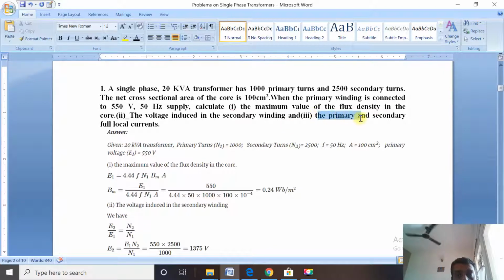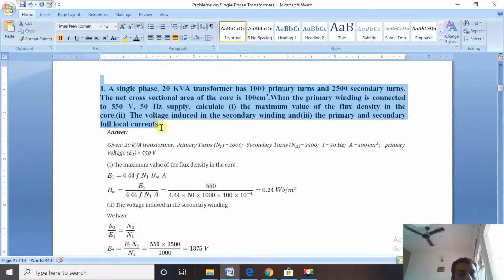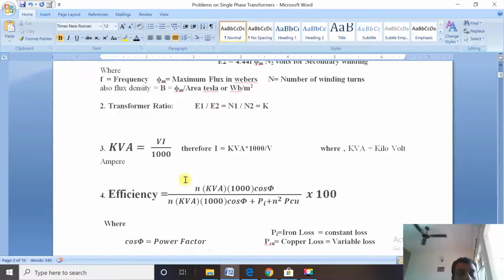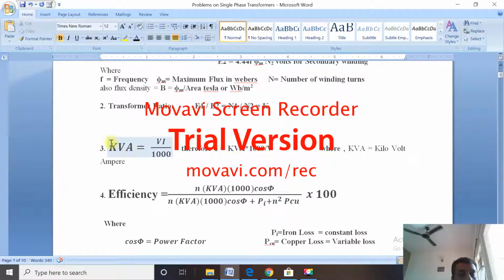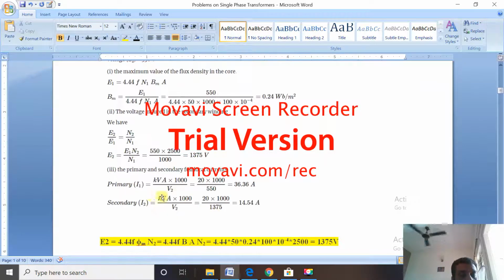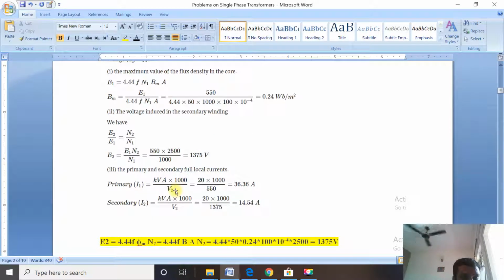What's the third one? The primary and secondary full load currents. The primary current is I1, and you know the third formula: I is equal to kVA into 1000 by V. Since it's I1, it should be V1.